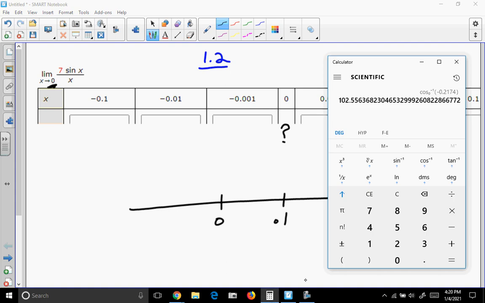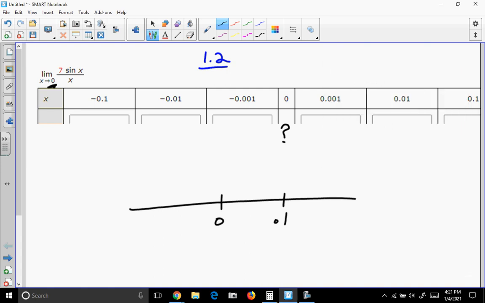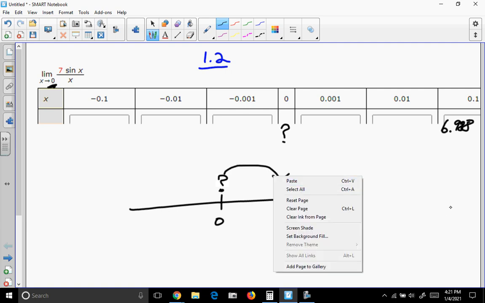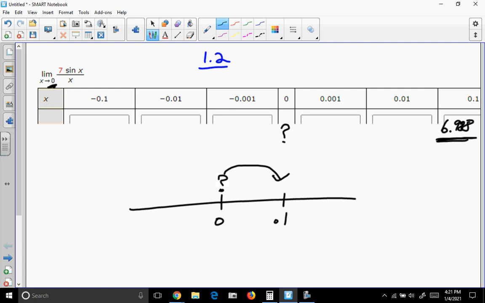So if we put in 0.1 and we do 7 times sine of 0.1 divided by 0.1, and your calculator needs to be in radians, we get 6.988. So while we don't know exactly what's happening other than being undefined at 0, if we scoot over just a little bit, we get this value for our function.